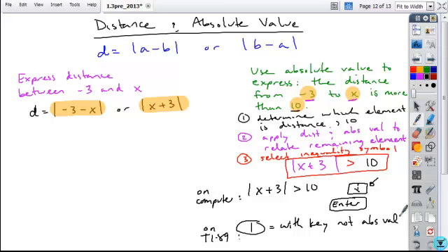If you want to express absolute value on your calculator, you have to do one of two things. You either type it in words, ABS, parentheses. So here you would express this as ABS(x + 3) greater than 10. So ABS, and then put the entire expression that's in the absolute value inside those grouping symbols, the parentheses.